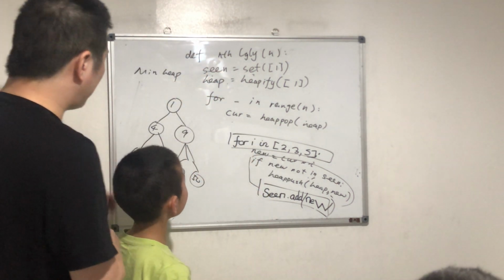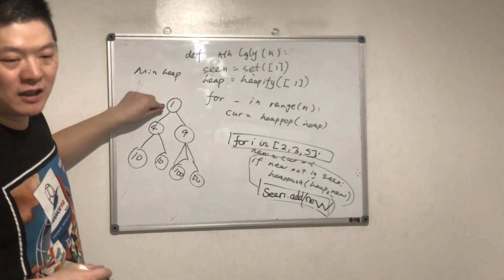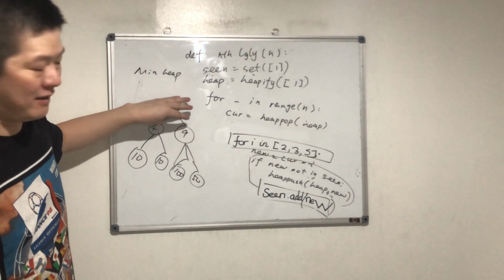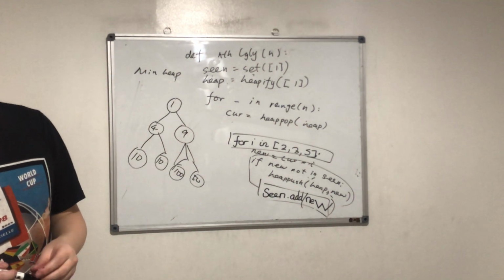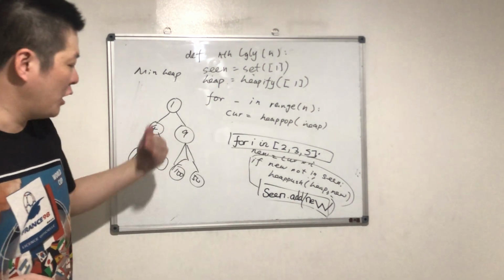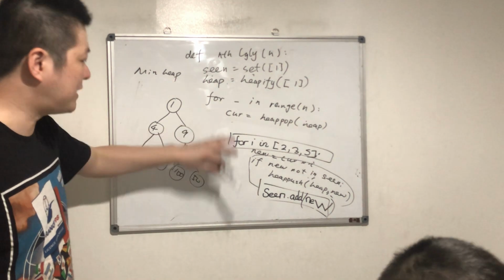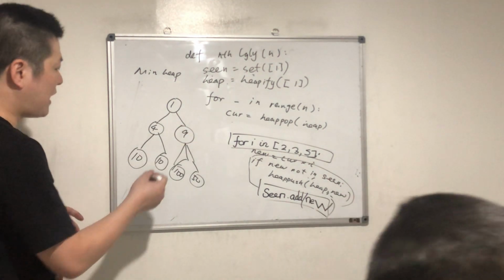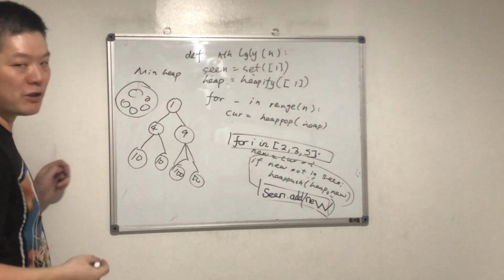Okay, I need to correct something. When we retrieve the value from the root, it's O(1), but if we want to remove it, it's O(log n), the same as heap push. It's usually O(log n) because you need to rearrange the heap at some point. But why is this still faster? Because the numbers in the heap are usually smaller.